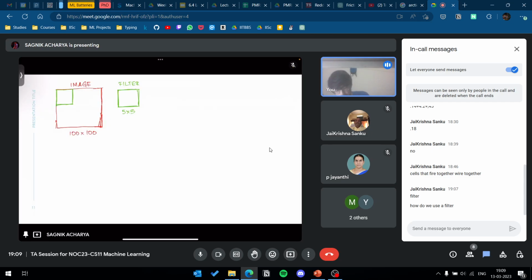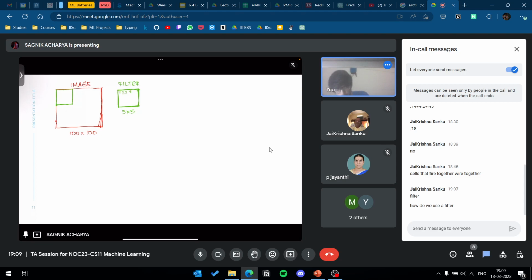All of these squares are matrices, by the way. When you are actually building your algorithm, this filter and image are all matrices. The image is a matrix of pixel values, the filter is a matrix of weights, you can say. So we'll have numbers in this filter.